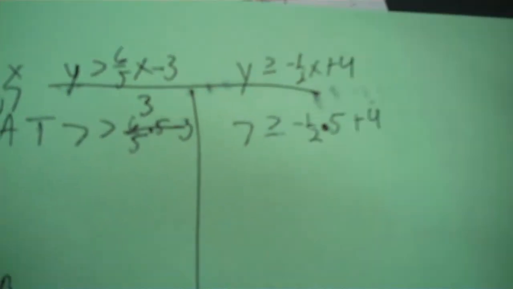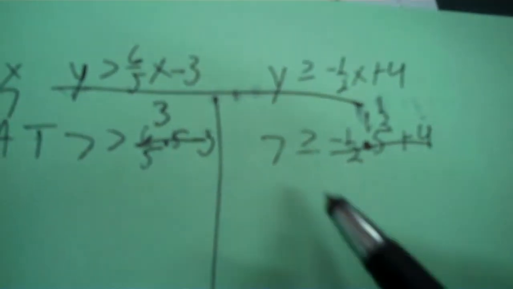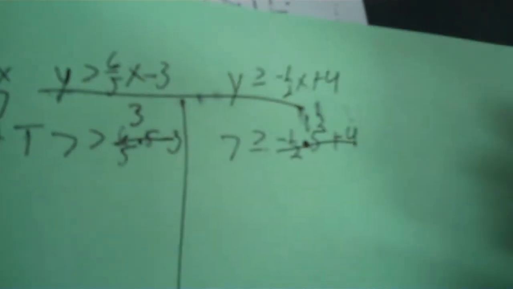Now I do the same thing here. 7, negative 1/2 times 5 plus 4. 1.5. It eats a bigger number. They're both true. A is the answer. I don't need to do anything else.